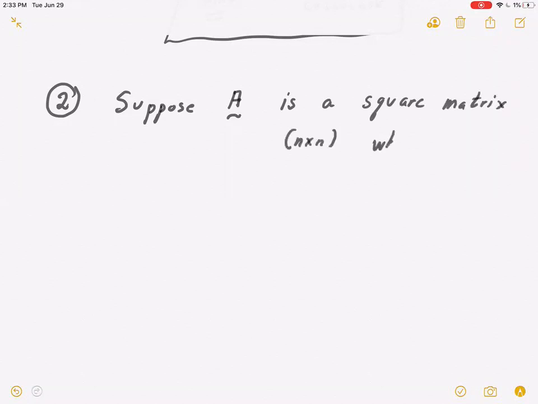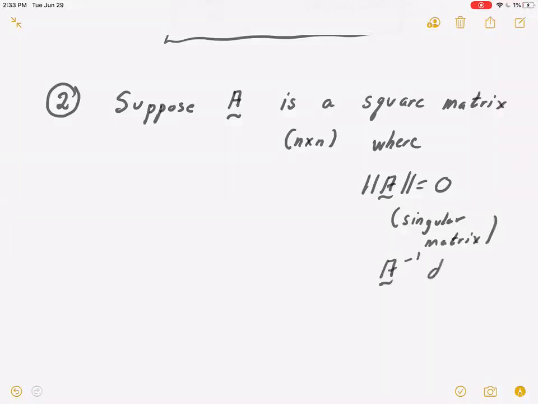But now its determinant is 0. So it is a singular matrix. That means that its inverse does not exist.